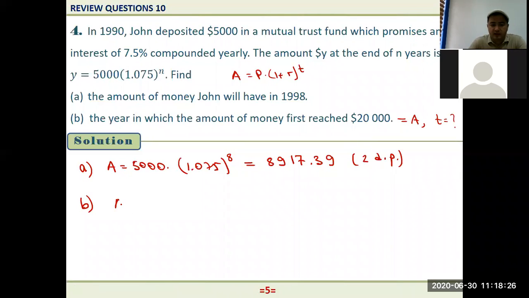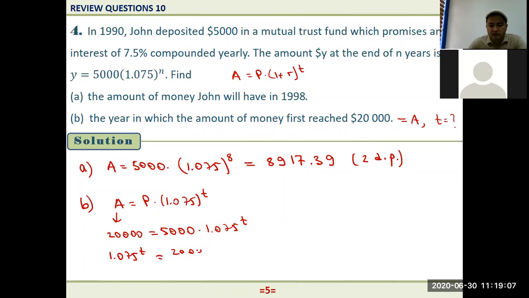Using A equals P times 1.075 to the power T, when our money grows to $20,000, we have $20,000 equals our investment of $5,000 times 1.075 to the power T. So 1.075 to the power T equals 20,000 over 5,000.